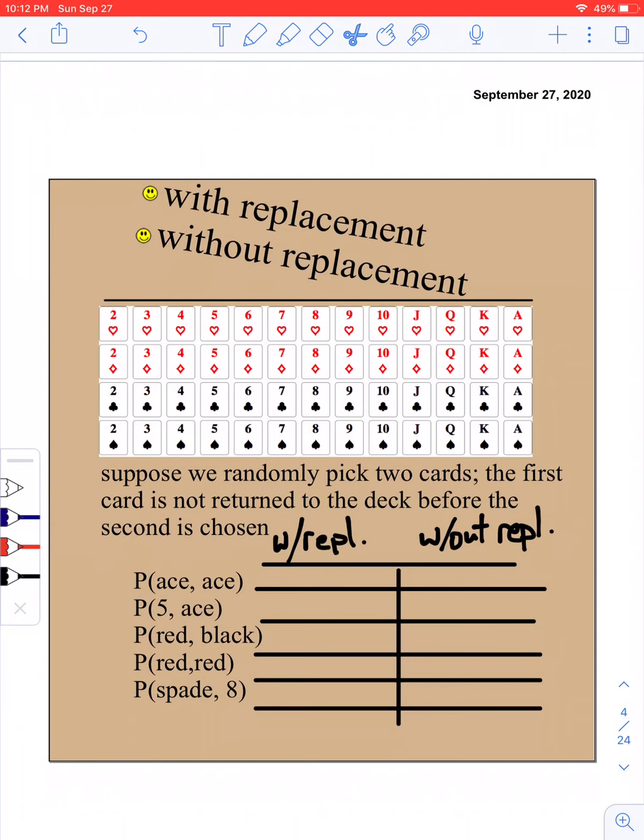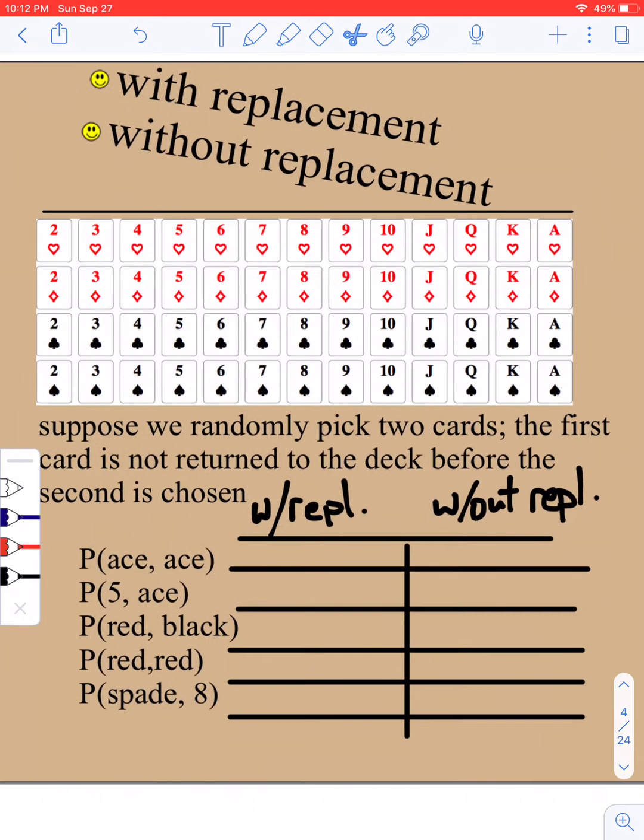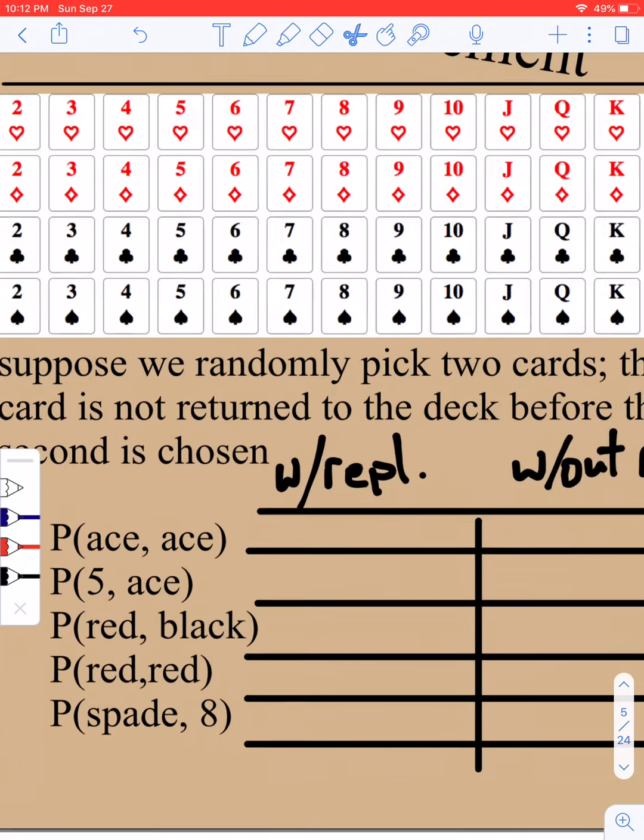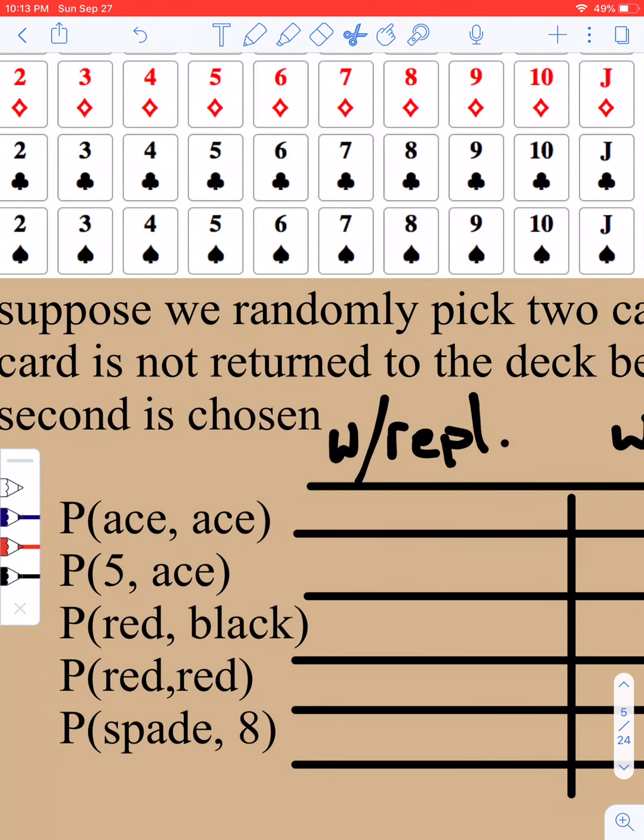Quick example with a deck of cards. What is the probability of getting an ace with replacement and then without replacement? What that means is that we're going to pick 2 cards and then we are going to put 1 card back after every time that we pull it out. So with replacement, well, there are 4 aces. Okay?